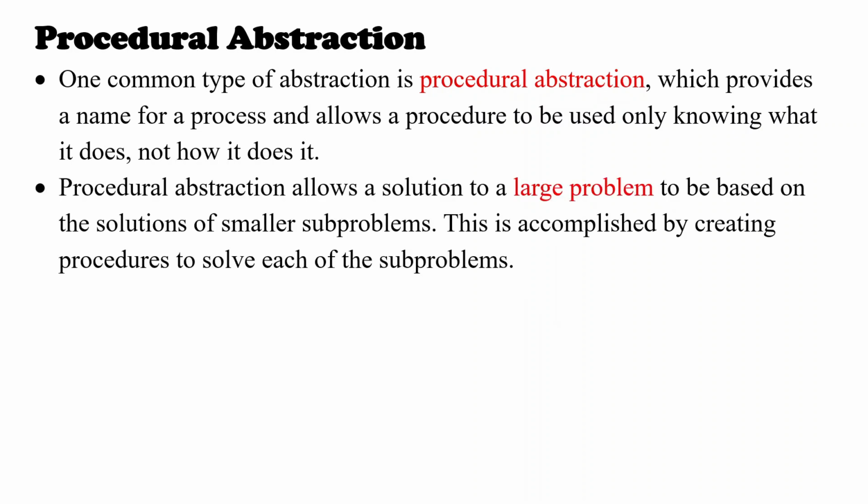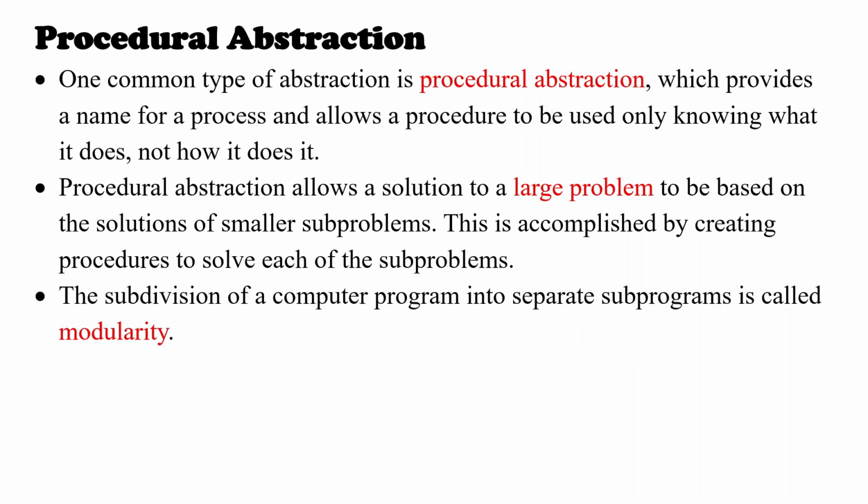So they allow us to code small solutions to a larger problem. And by doing that, we can call on these smaller procedures to help us solve a bigger problem without really knowing how those small problems are solved. This subdivision of a computer program into separate subprograms is called modularity.